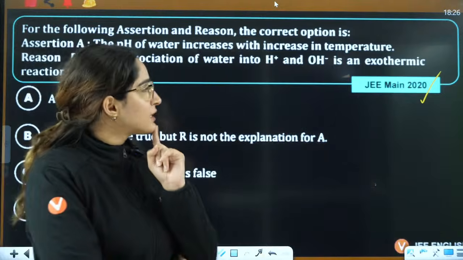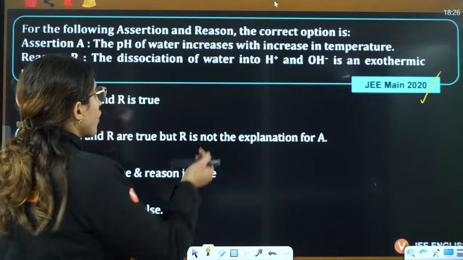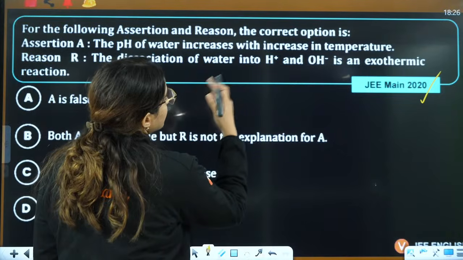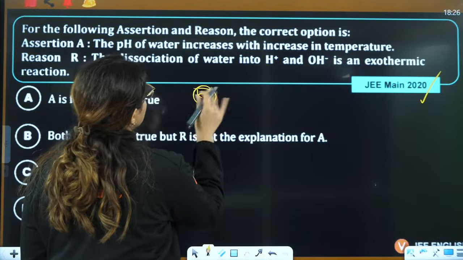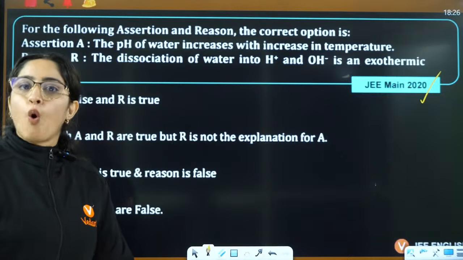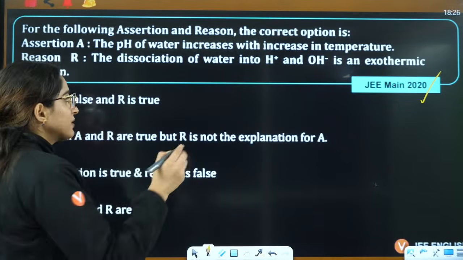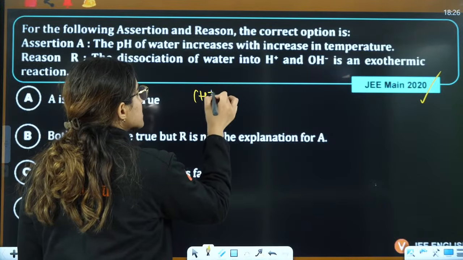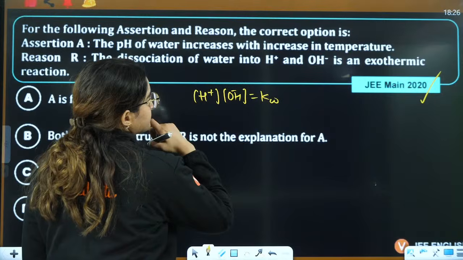First I'll talk about the pH of water. We know that if you change the temperature, Kw will change. Now remember one thing, we say H positive times OH negative equals Kw, right?